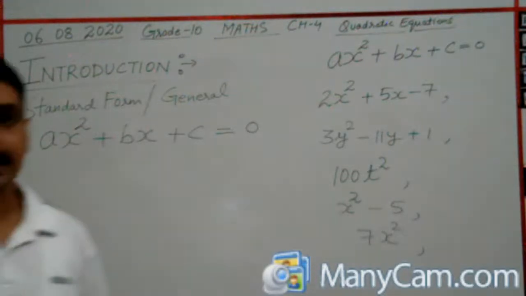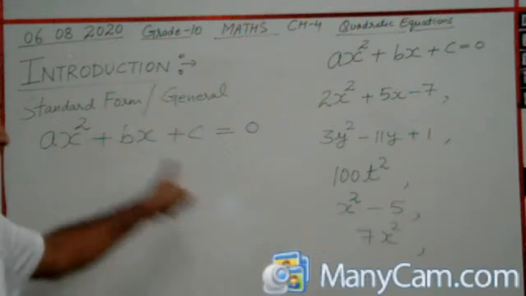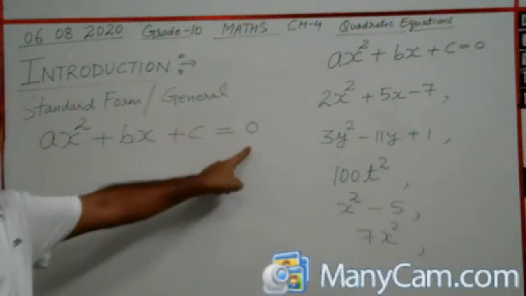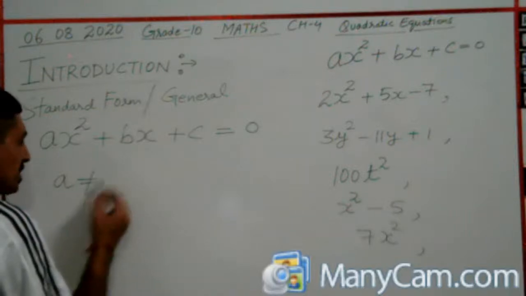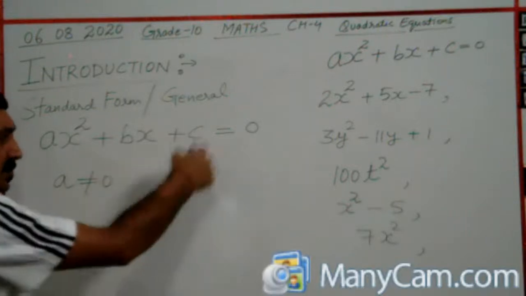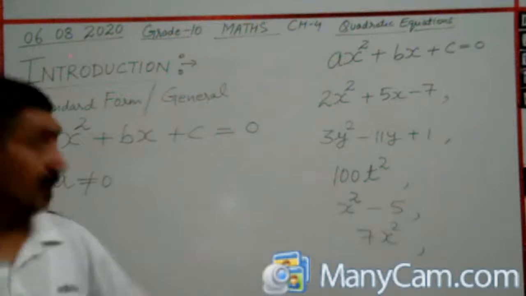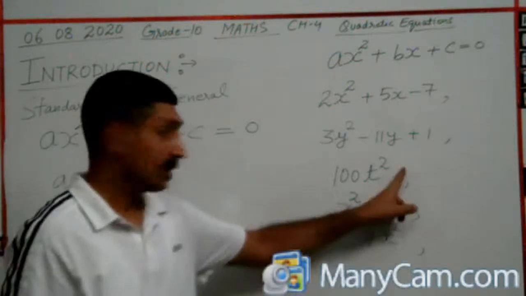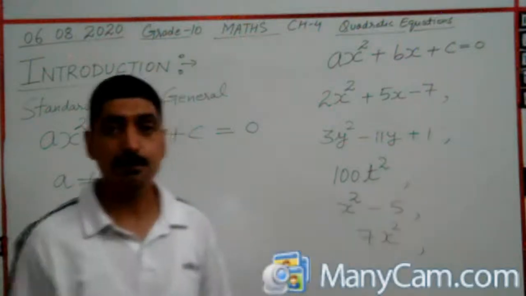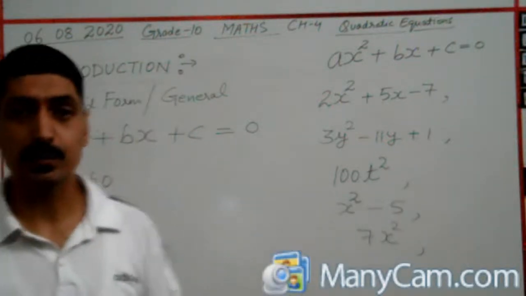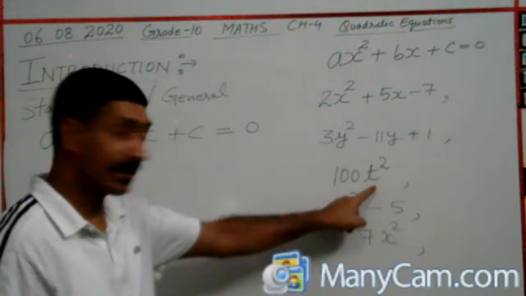Where ax square plus bx plus c is equal to 0, and a very important condition is that this a cannot be 0, b can be 0, c can be 0, or even both. Here a is 100, b and c both are 0, but still this is a quadratic polynomial.